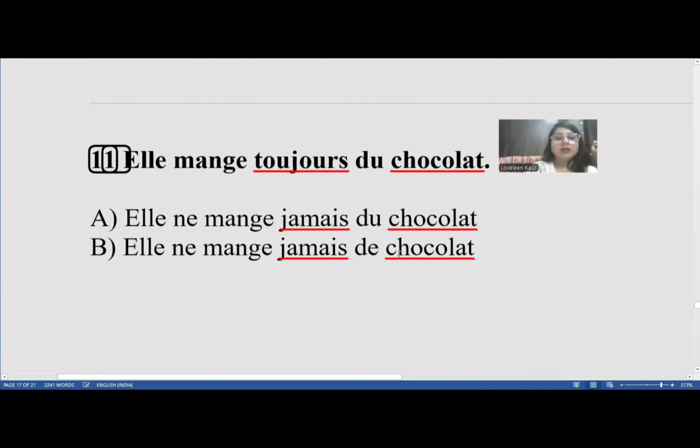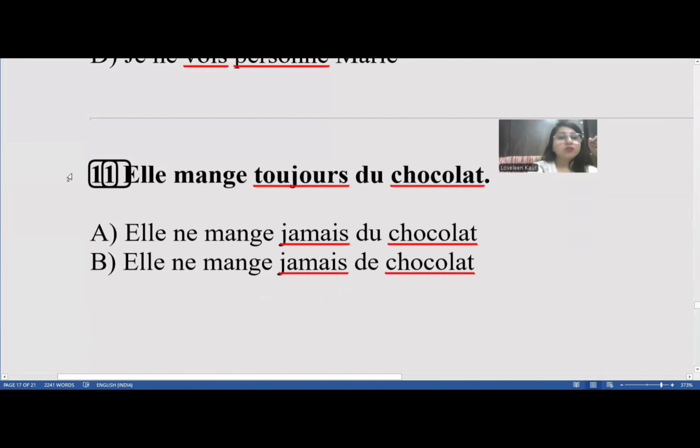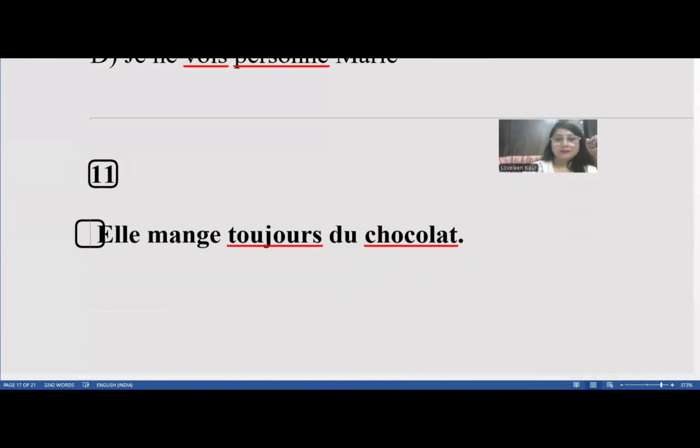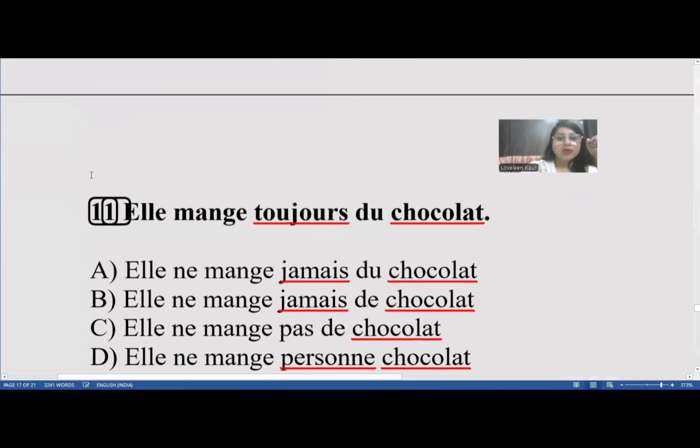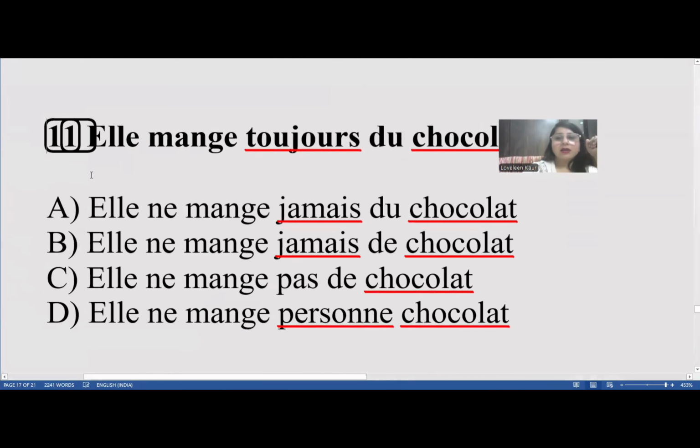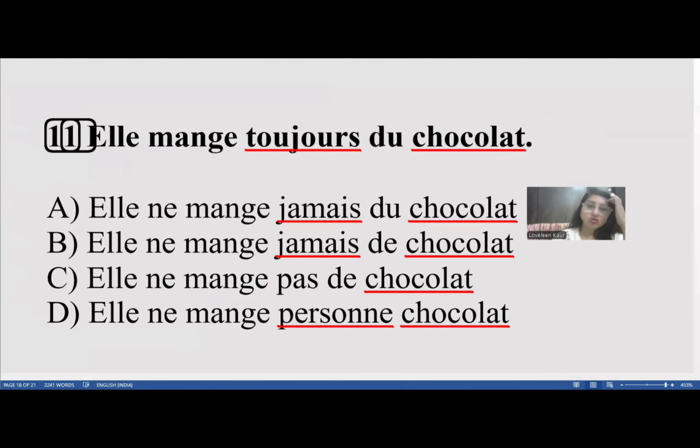And now we have elle mange toujours du chocolat. What will come? Yes, so this is elle ne mange jamais de chocolat, right?